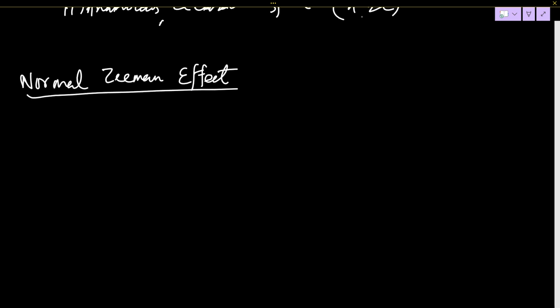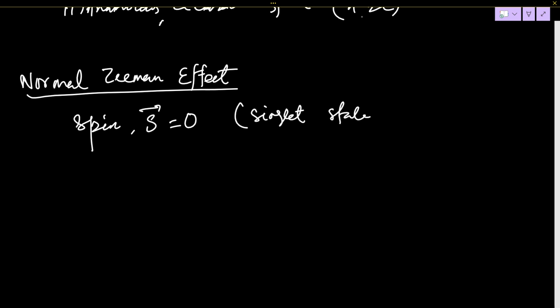Okay, normal Zeeman effect. What is normal Zeeman effect? Here spin S is equal to 0. That means it's a singlet state. The transition is between singlet to singlet transition.